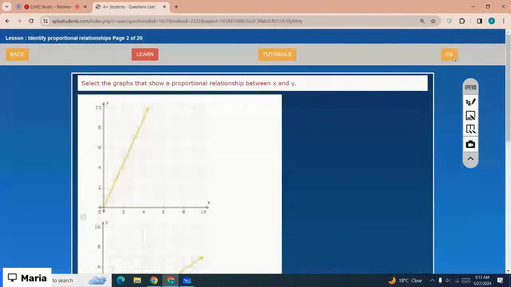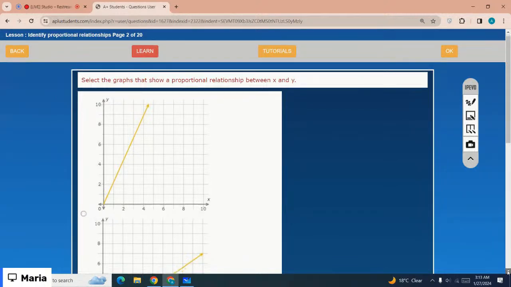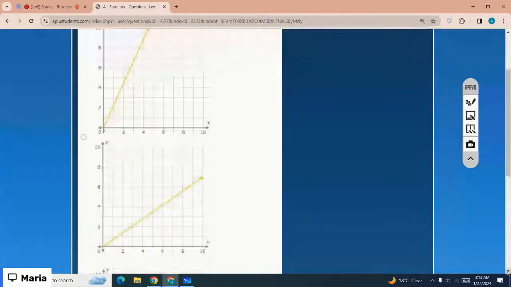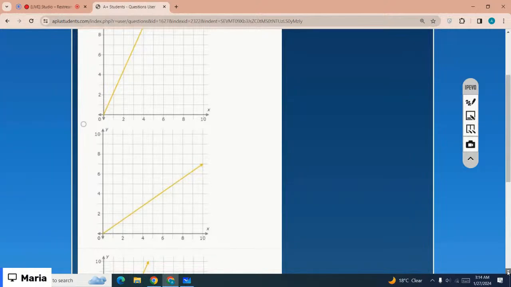Got it? Okay, select the graph that shows a proportional relationship between x and y. So which is the correct option? Here you are given the graphs. You have to see which is the correct option.